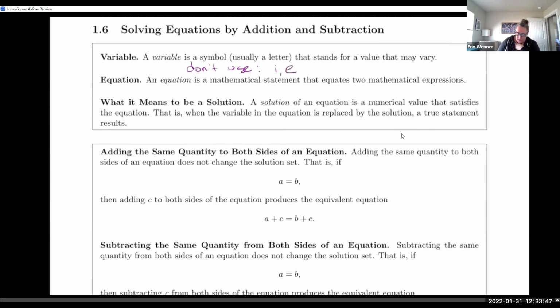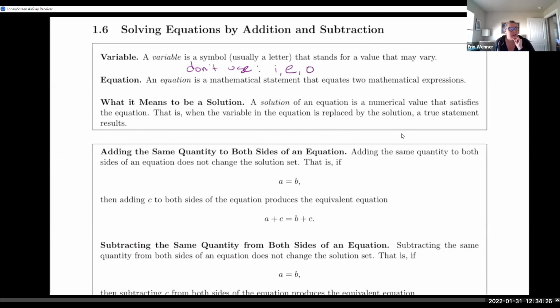We also don't use the letter e, because e represents a number as well, related to natural logarithms. Again, we will not get into that in this class. And the last one we don't use is o, because it looks like 0, which just makes it more confusing. So those are the 3 letters that you will not see us use to represent variables.